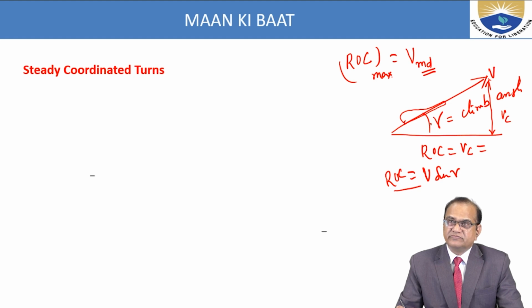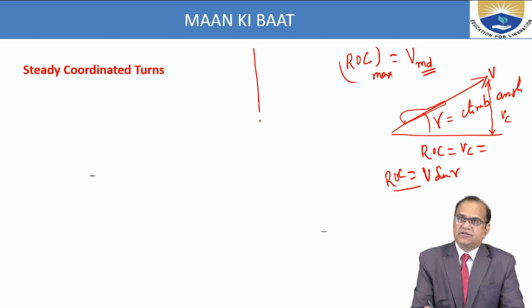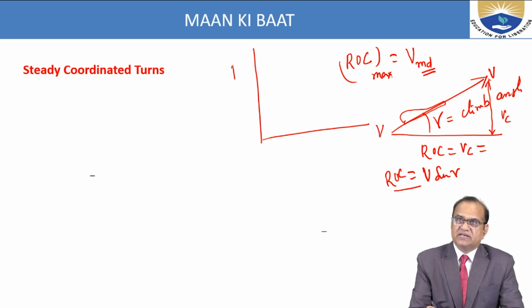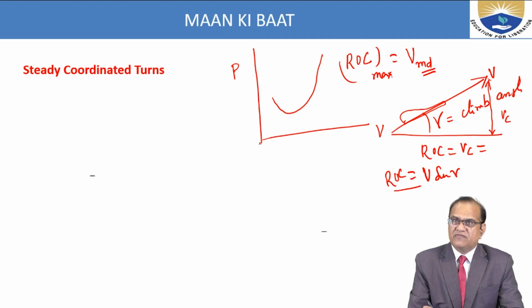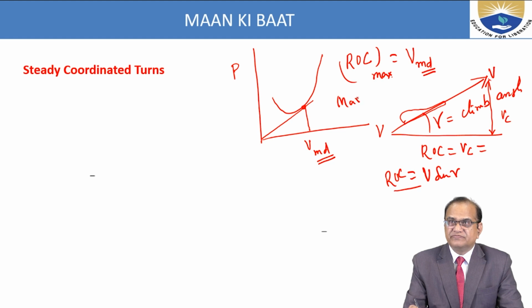climb. If I draw the plot like this, this is the V and this is the P. If you see here, it is like this plot, and if I draw where it is tangent, this is the V minimum drag. If you fly at this, we will get the maximum range.